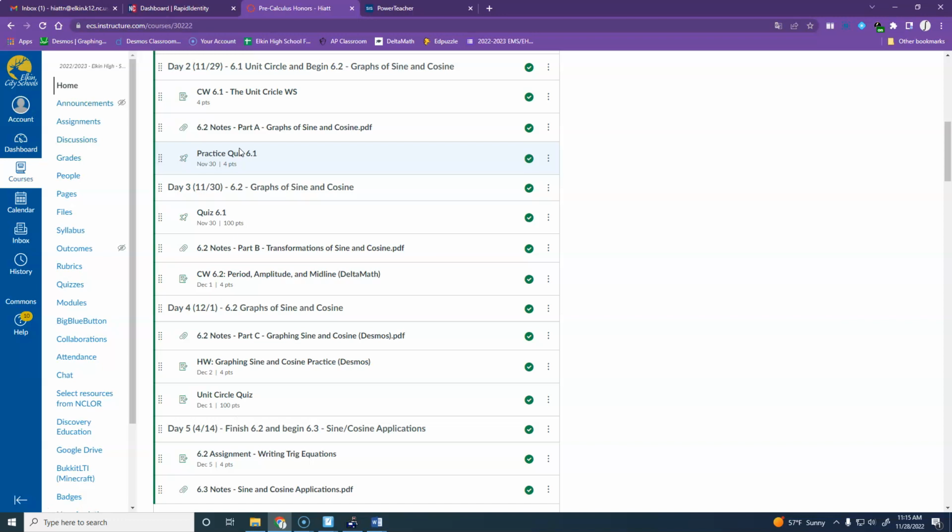It's memorization. So you should get 100, but I always have some students that don't because they don't study it. And then after that, no unit circle will be allowed on anything else we do. I may give you a blank unit circle that you can use, but you will not be given the unit circle on anything else once I've given you that quiz.